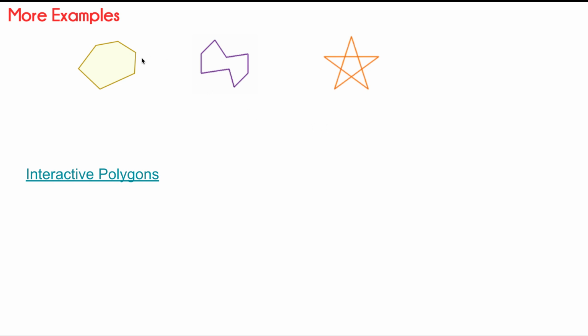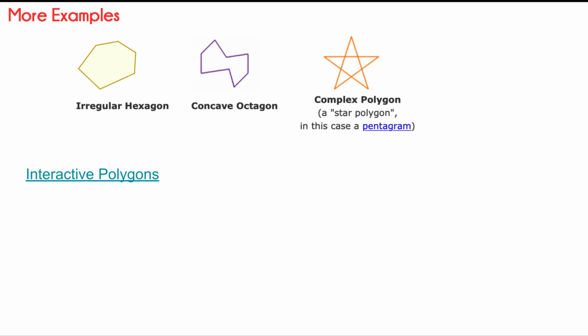Okay, so let's take a look at this. What do you think about this? Is this concave or convex? So think about concave or convex for all of these, and think about whether it is simple or not simple. And regular or irregular. Why do we say it's irregular?